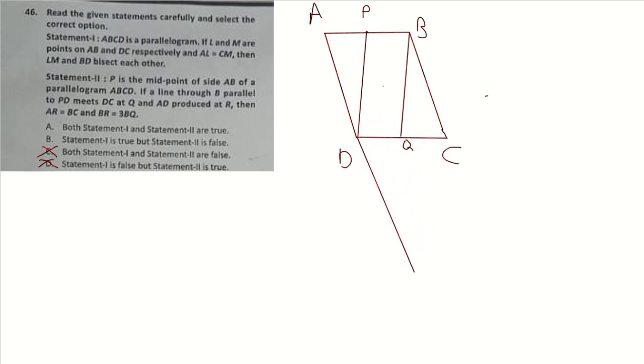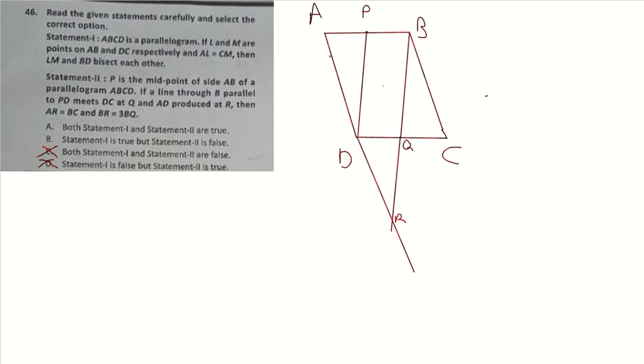Oh, that doesn't make it parallel. What am I doing? This joins at R. This point is R. So this statement says that AR is equal to BC and BR is equal to 3BQ.